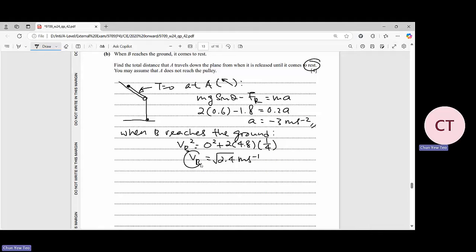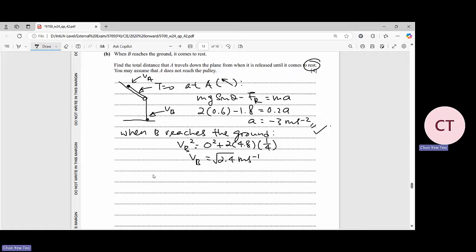So that will be the speed shared by A. The speed of B right before it hits the ground and the speed of A right before B hits the ground, they are sharing the same speed, square root of 2.4 meter per second. Now we also have calculated the deceleration of A after B hits the ground.